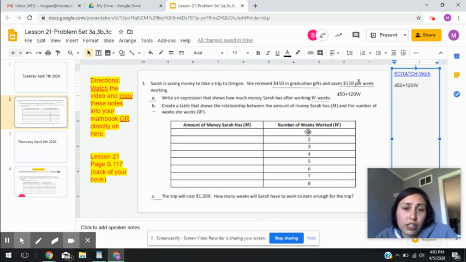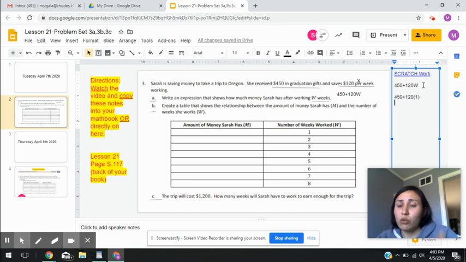Like the first row, after 1 week, they want me to tell them how much she's made. So I'm going to start with 450 because she gets that no matter what. $120 times 1 week. So I put in that 1 for the W. I'm substituting in. Now I just have to solve this expression.